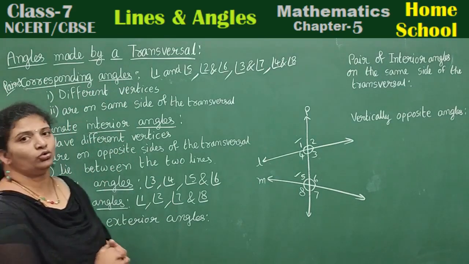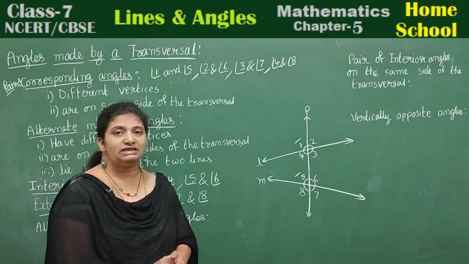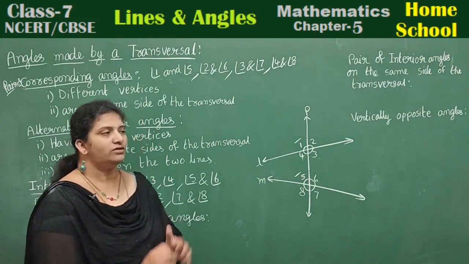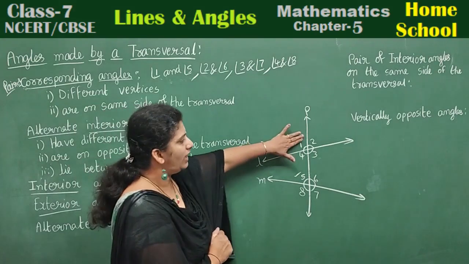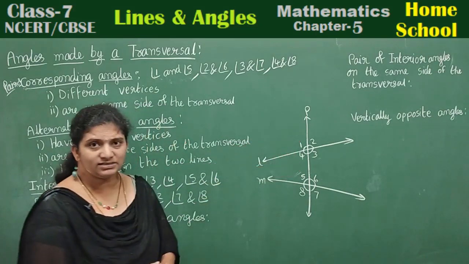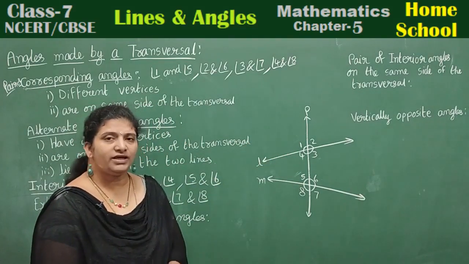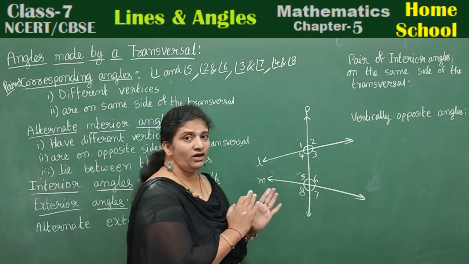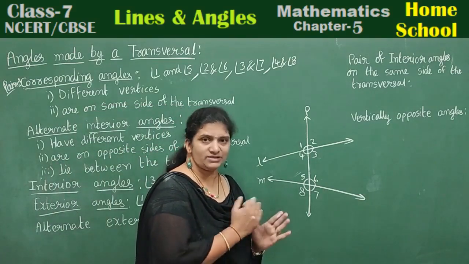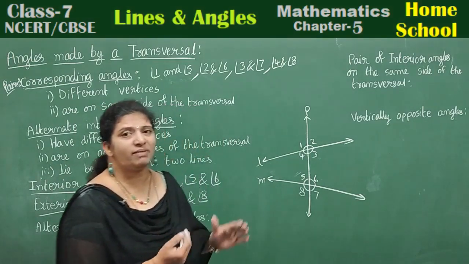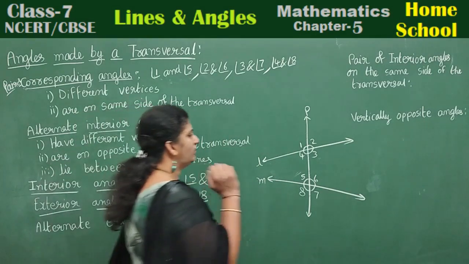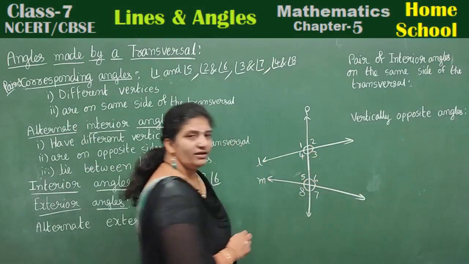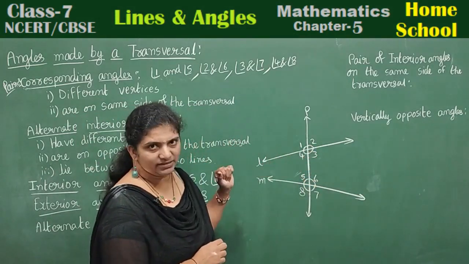These alternate angles should lie between 2 lines. So, which do we call alternate angles? First step, they should have different vertices. Okay, and they should be alternate to the transversal, and they should be between two lines. Now look here carefully. This is a transversal, right? The angle must be between two lines.